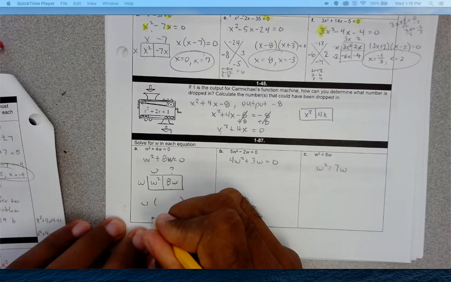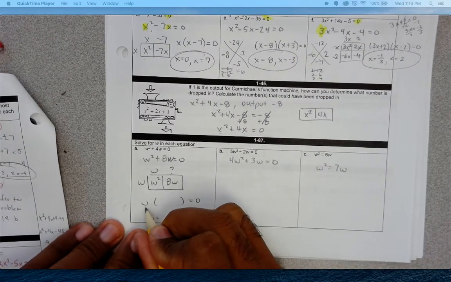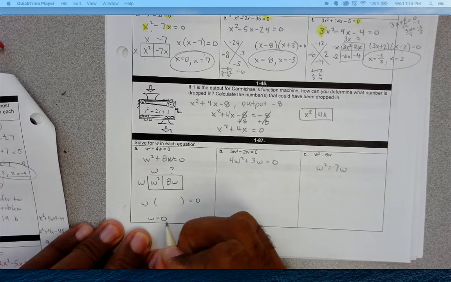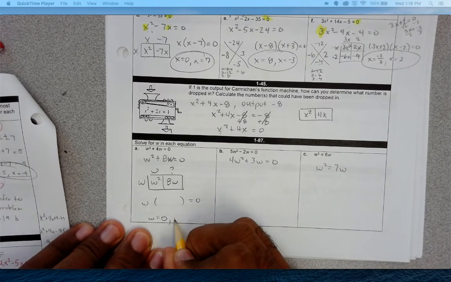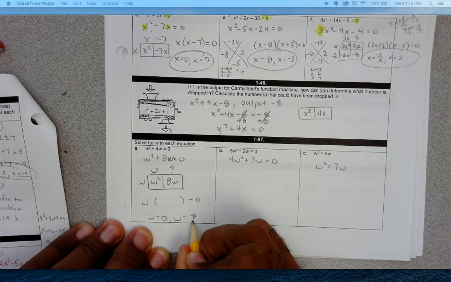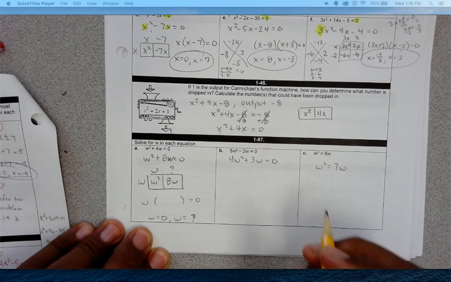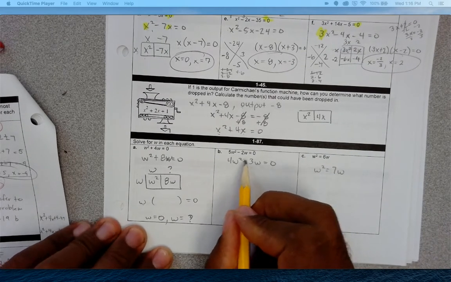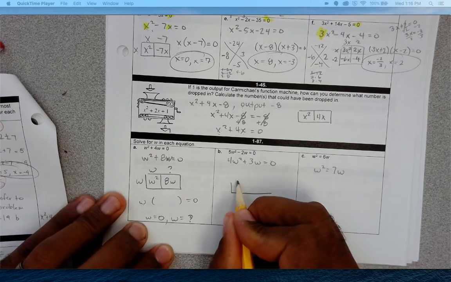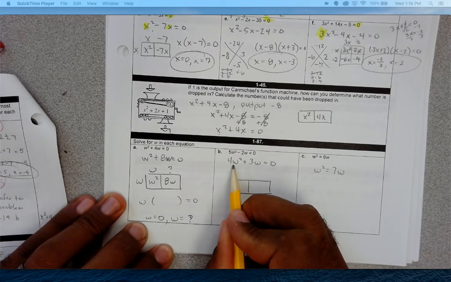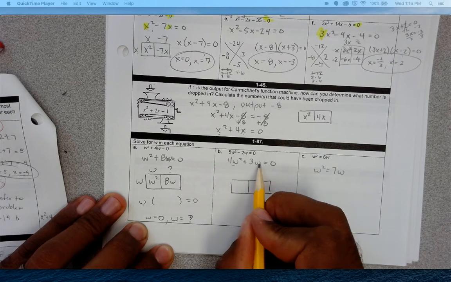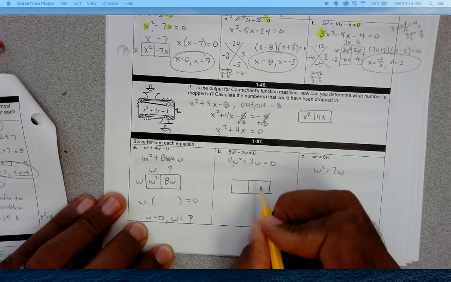Okay, so then you'll have w equals, remember, that first number will be 0 if it's just a variable by itself. And then you'll have w equals something on the inside once you find it. Okay, now this one's a little bit different. It's very similar. So what we're going to do is set it, because it's still 2 terms. It has a squared term and a non-squared term, but they both have a variable.